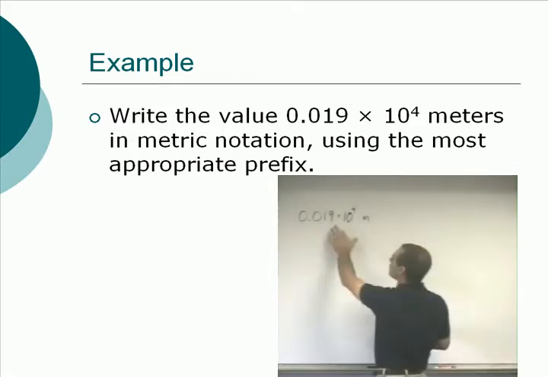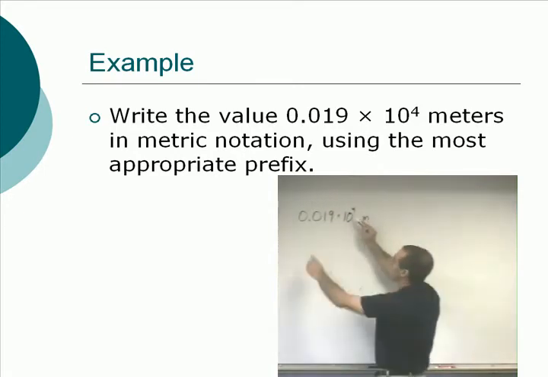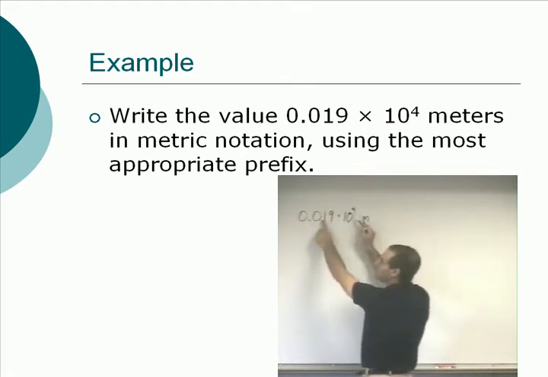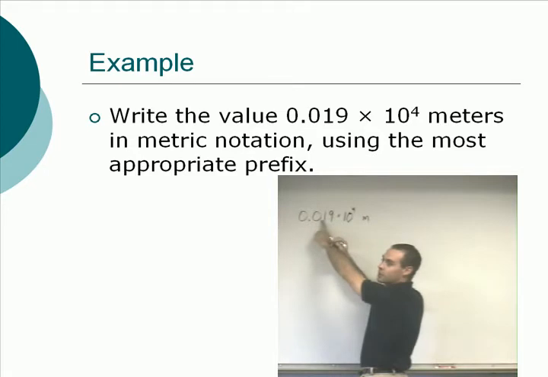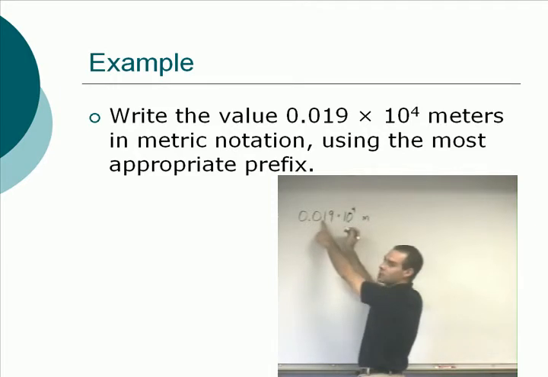So, we put this in engineering notation. What's this power of 10 going to become? It's got to become 0, right? I was expecting somebody to say 3. The problem with making it 3 is, where would that move your decimal? It wouldn't make that coefficient large enough still. If we make this one spot smaller and bring it to 10 to the third, this goes up to 0.19, but that's still too small.